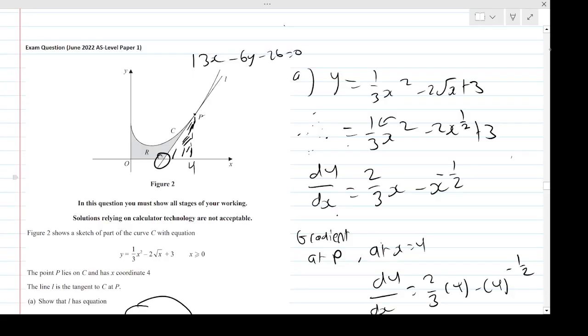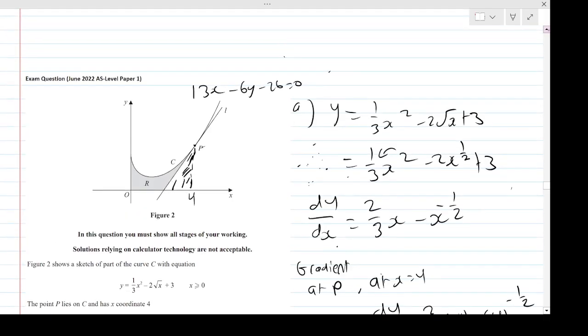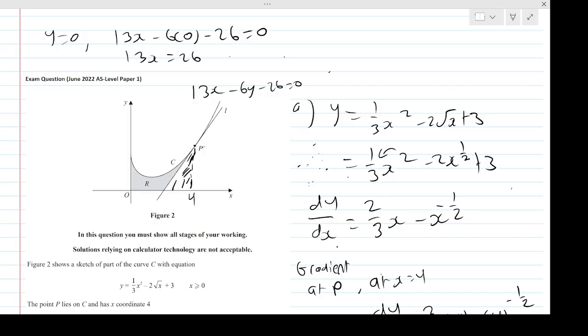If we want to find where the line crosses the x-axis, that's when y is equal to 0. So if y is 0, then we get 13x take away 6 lots of 0, take away 26 is equal to 0. So 13x equals 26. Therefore, x is 2. So that means it's 2 here.